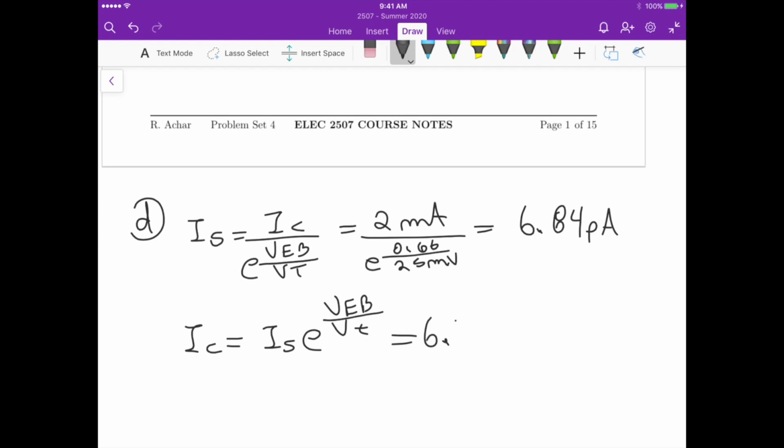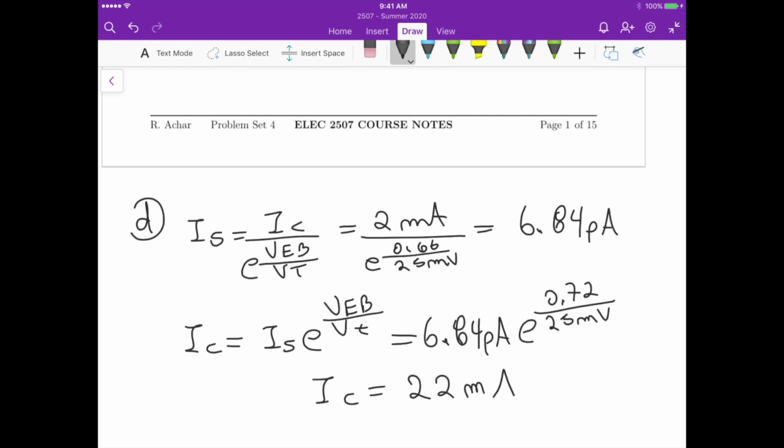So this is 6.84 picoamperes times exponential of 0.72, positive value, divided by 25 millivolts. This gives us a collector current of around 22 milliamperes. Okay, so that's it for problem 1.